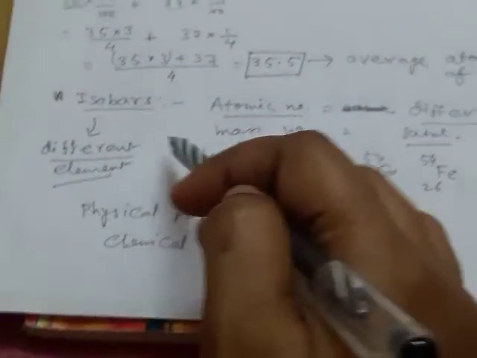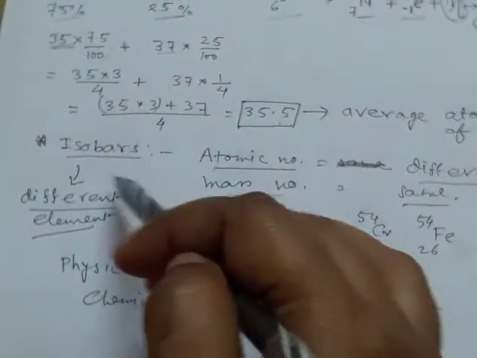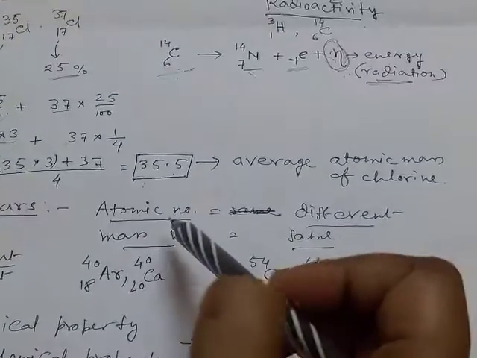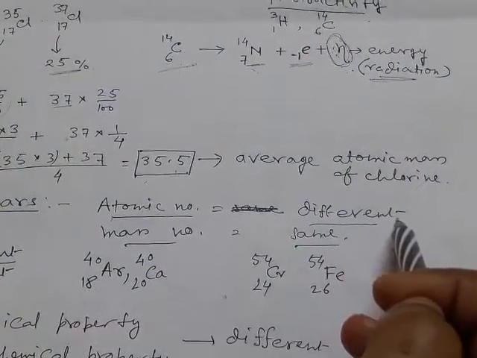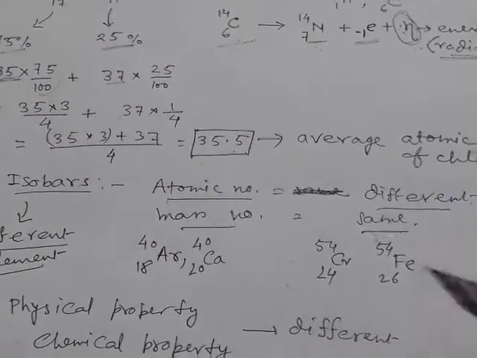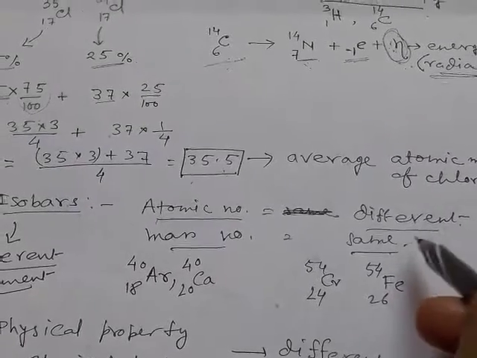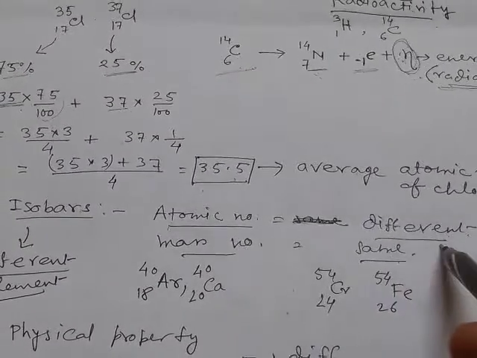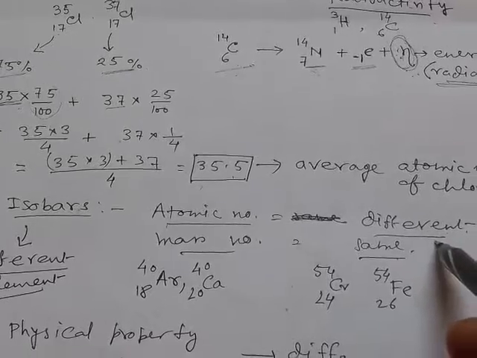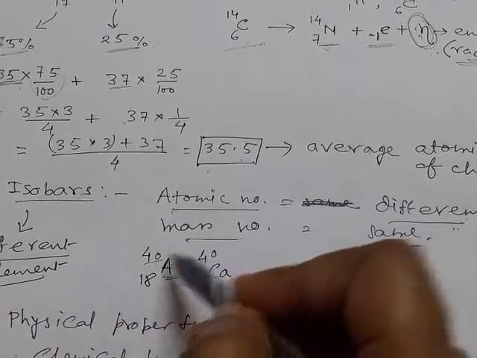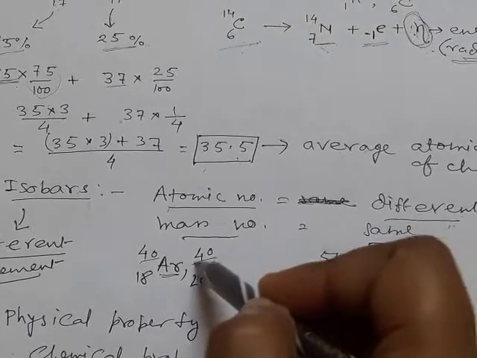Now isobars. Isobars are another category: when two or more nuclei have different atomic numbers but the same mass number, they are called isobars. As they have different atomic numbers, isobars will be of different elements. For example, for argon the mass number is 40, for calcium the mass number is 40.